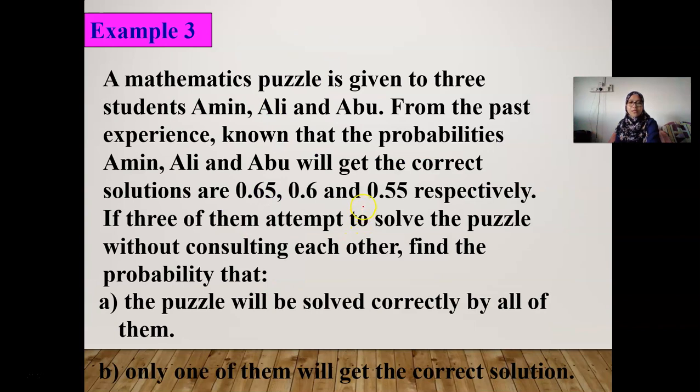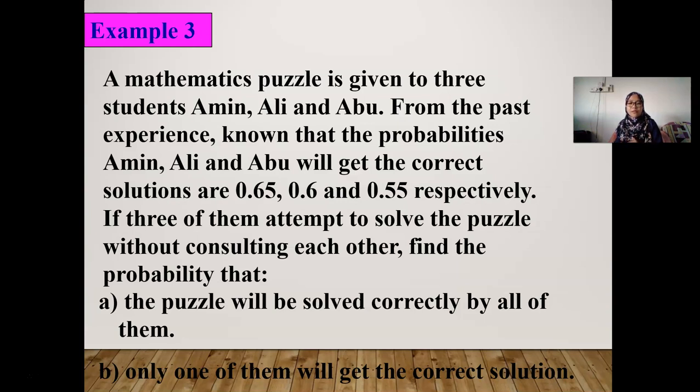Okay, how about this one? A mathematics puzzle is given to 3 students, Amin, Ali, and Abu. From past experience, it is known that the probabilities of Amin, Ali, Abu getting the correct solution are 0.65, 0.6, 0.55 respectively.